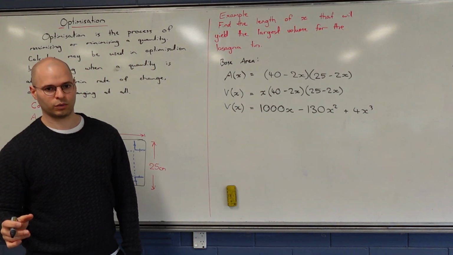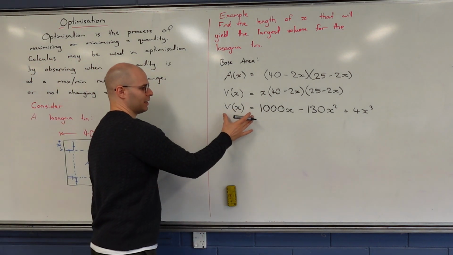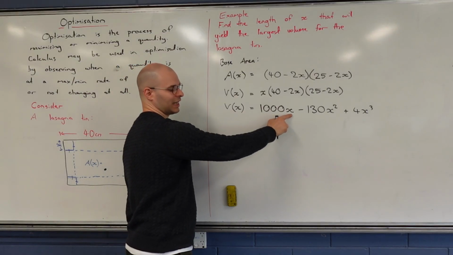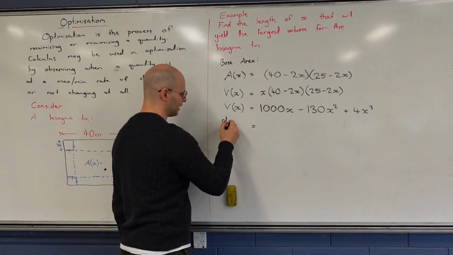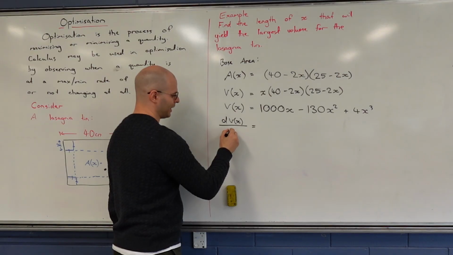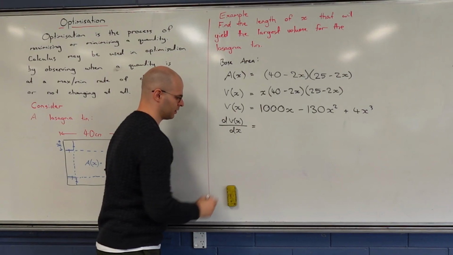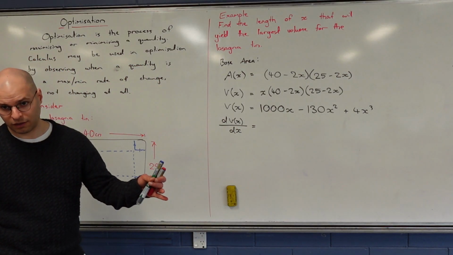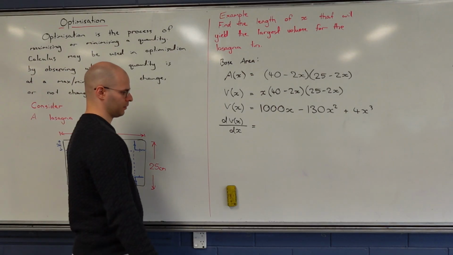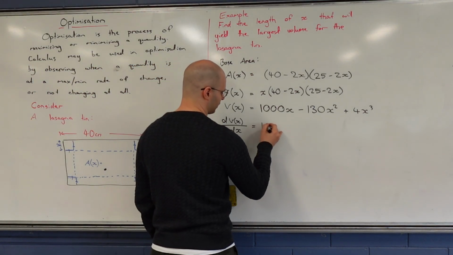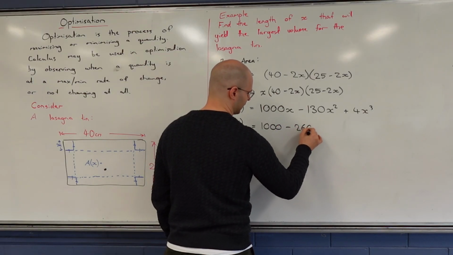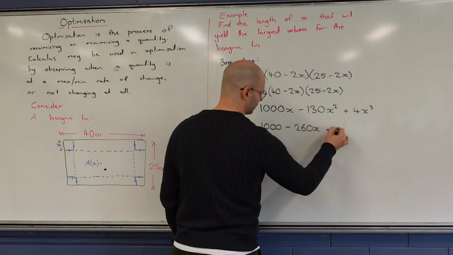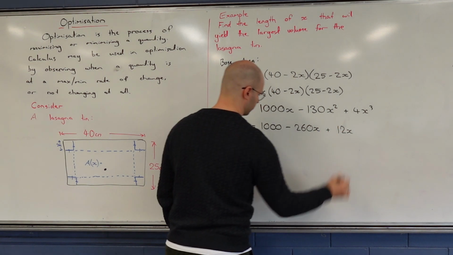Now what we're going to do is take the derivative of this function with respect to changing x. So this is going to be the change in the volume with respect to the change in the length of the value of x. This is going to be 1,000 minus 260 x's plus 12 x's.